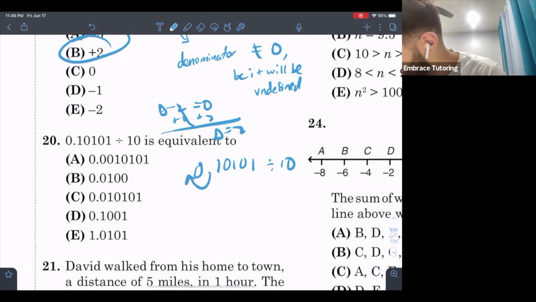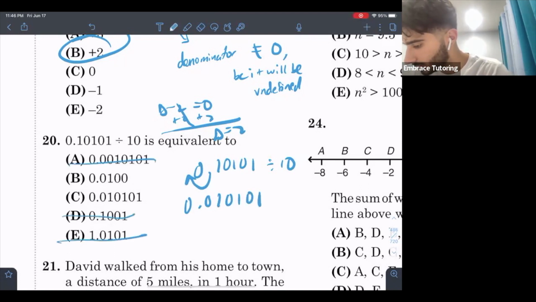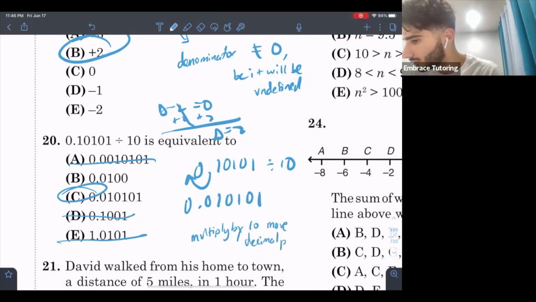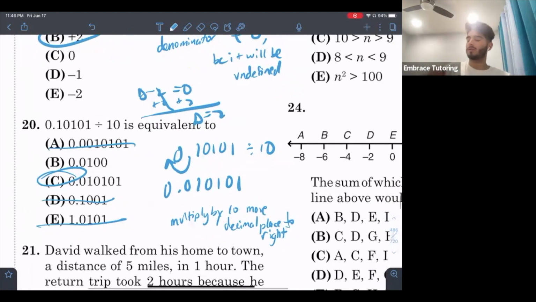So it'd be 0.010101, which is choice C. If it's multiplying by 10, move it to the right. That's how you would do that question. If you're dividing by 10, you move the decimal to the left to make it a smaller number. Multiplying by 10, move the decimal to the right to make it a larger number.